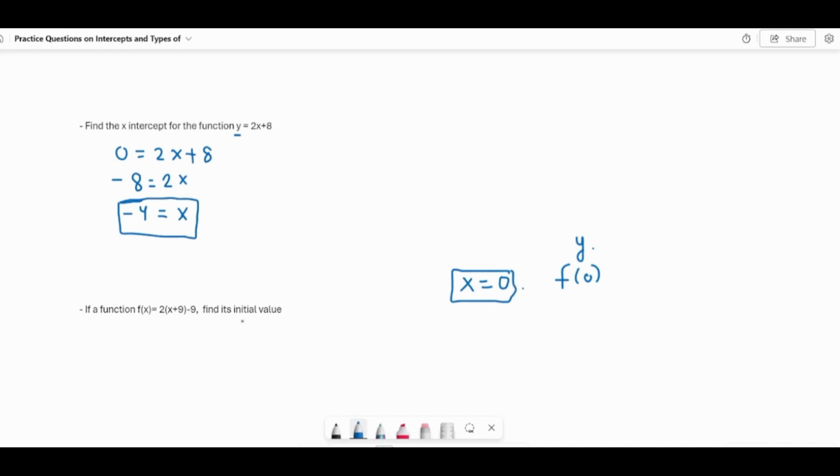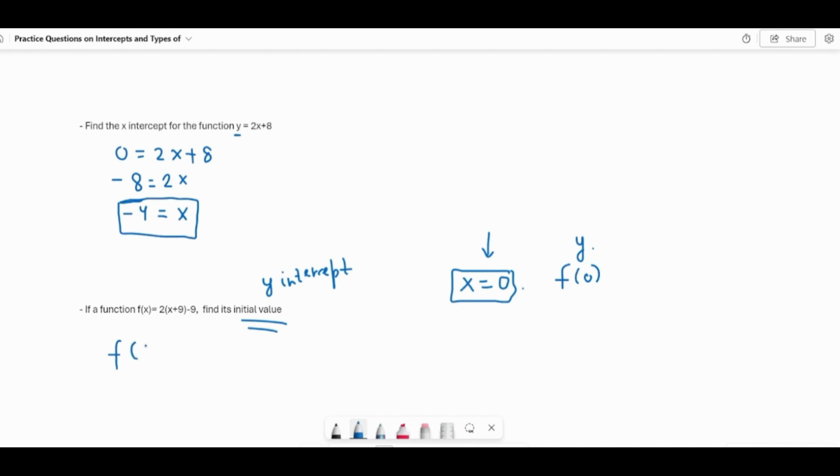That means you can think of initial value of a function also as its y-intercept. So all you have to do here is consider this to be y-intercept here. So again, in y-intercept, or even if you take the definition of initial value where x is 0, right? So you must be getting this now.